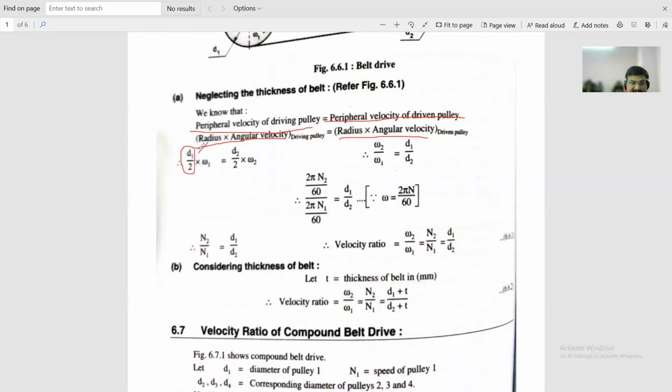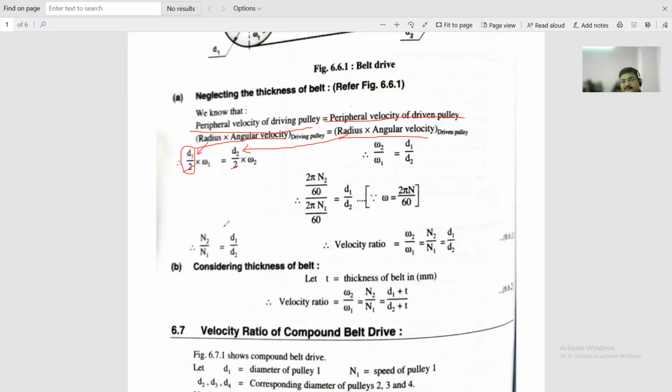Radius is diameter divided by 2, right? Similarly, the radius of driven pulley is nothing but D2 by 2. Then the 2 is common and is going to get cancelled.